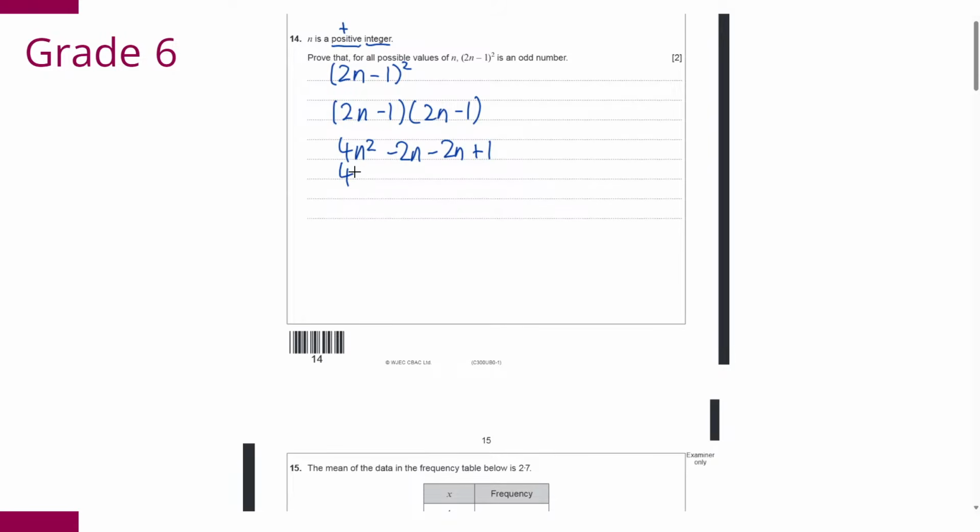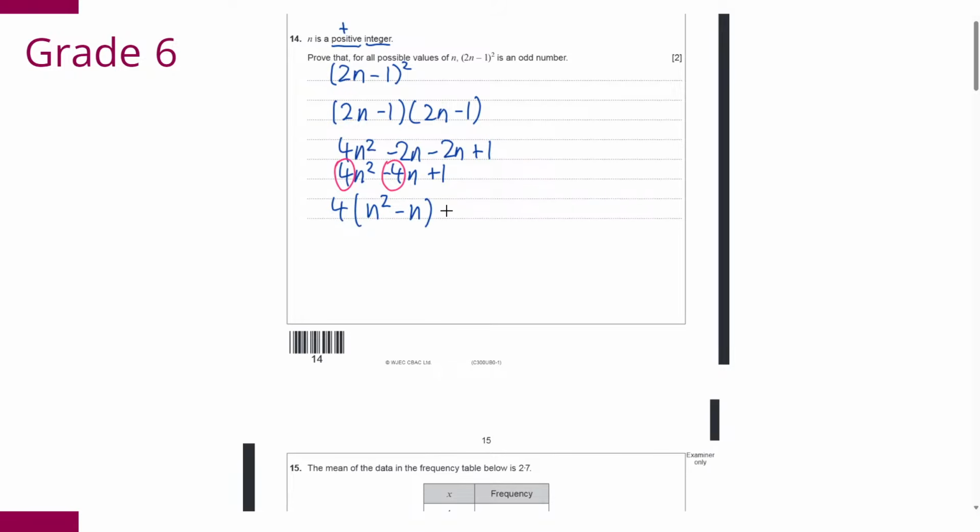Okay, hopefully I've got this right. -4n and +1. Okay, next I noticed that the first 2 terms are in the 4 times table, right? So what we can do is put brackets around those.